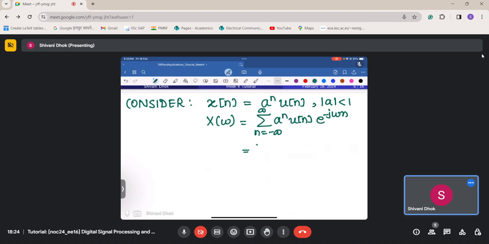Since we have the unit step function here, I can change the limits to n equal to 0 to infinity of a^n e^(-j omega n). So this I can write as the summation n from 0 to infinity of (a e^(-j omega)) whole to the power n.